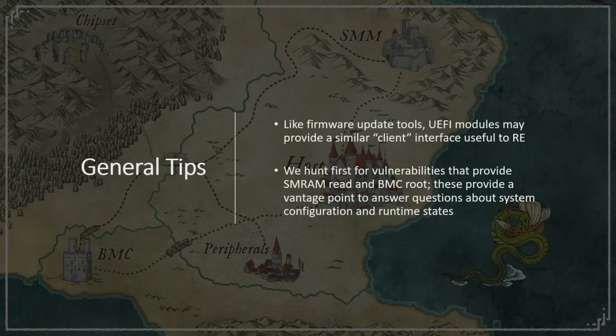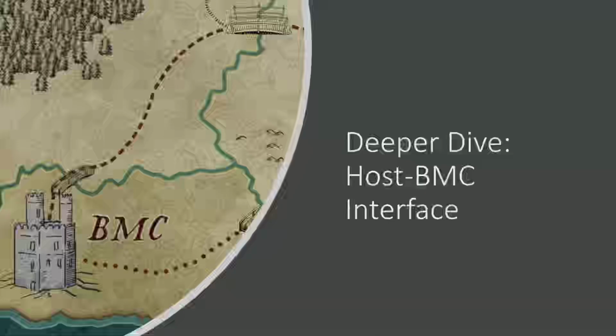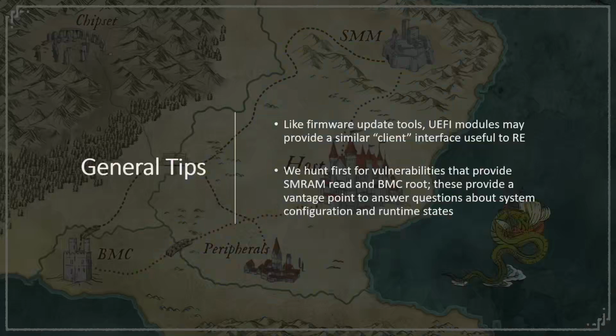We talked about the firmware update tools. UEFI modules are similar. Oftentimes, there'll be things in SMM that are trying to talk to the component that you're interested in, so they're important to look at. And I think the last one is going to be, if you're looking to pivot from the host to SMM, we tend to look for things like an SMRAM read first or a BMC root first.